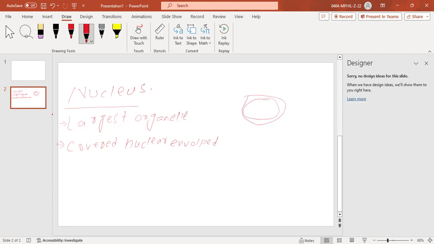What does it contain? Definitely it contains genetic material. In what form? That is in the form of chromatin.